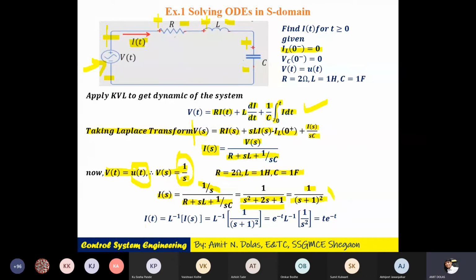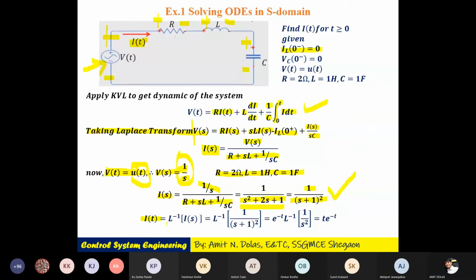Now we have simplified the ODE by transforming it into the S domain, and later on you need the response, so we'll convert it back to the time domain.